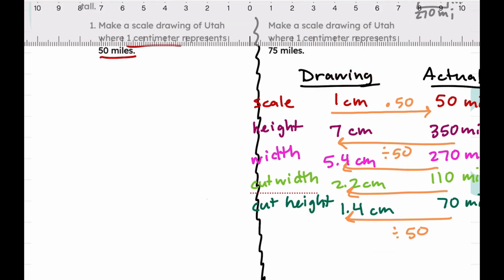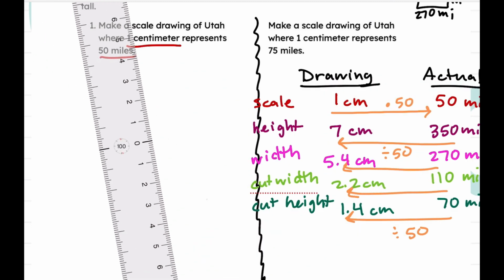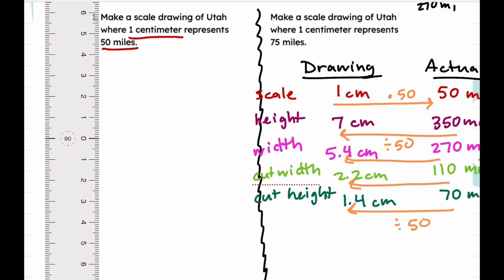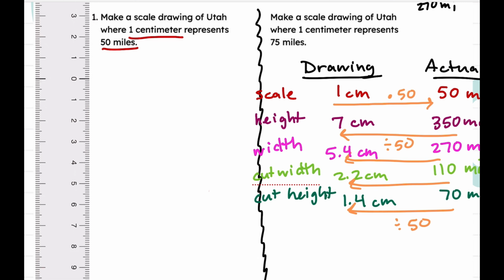So I'm going to start with the height. The height is 7 centimeters. Again, make sure you're using the centimeter side of your ruler here. And I'm going to draw that height to be 7 centimeters. So here's the 0. Go all the way down to the 7. That's going to be the height.